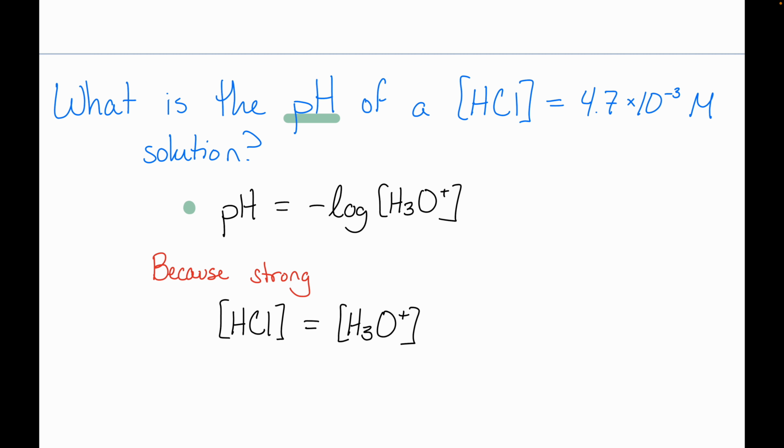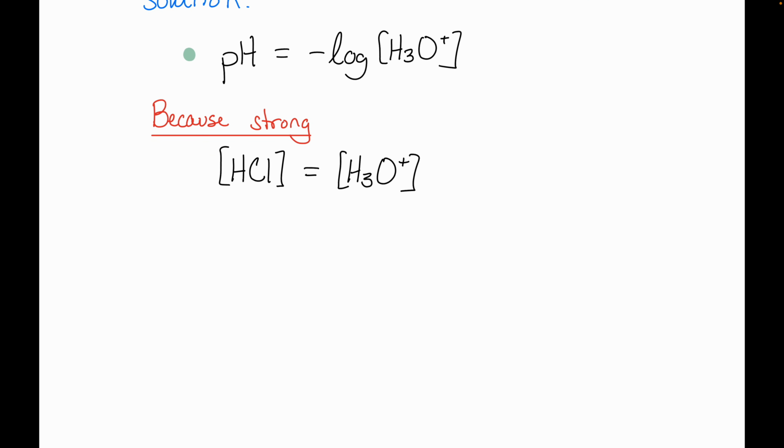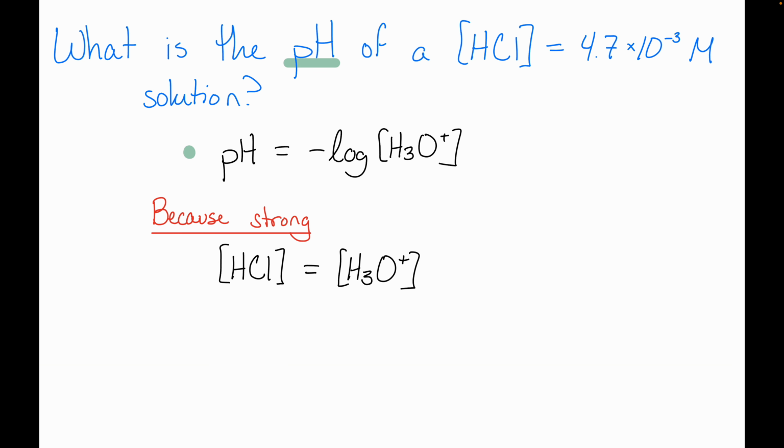And because HCl is a strong acid, that means that the concentration of HCl is simply equal to the concentration of hydronium ions. So to get my pH, I'm just going to take the negative log of that concentration, because these are both equal to 4.7 times 10 to the negative 3 molar.